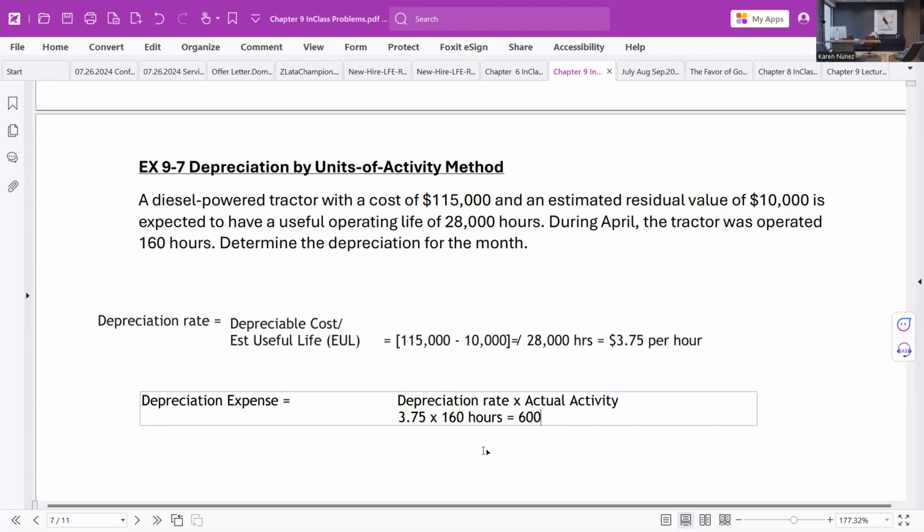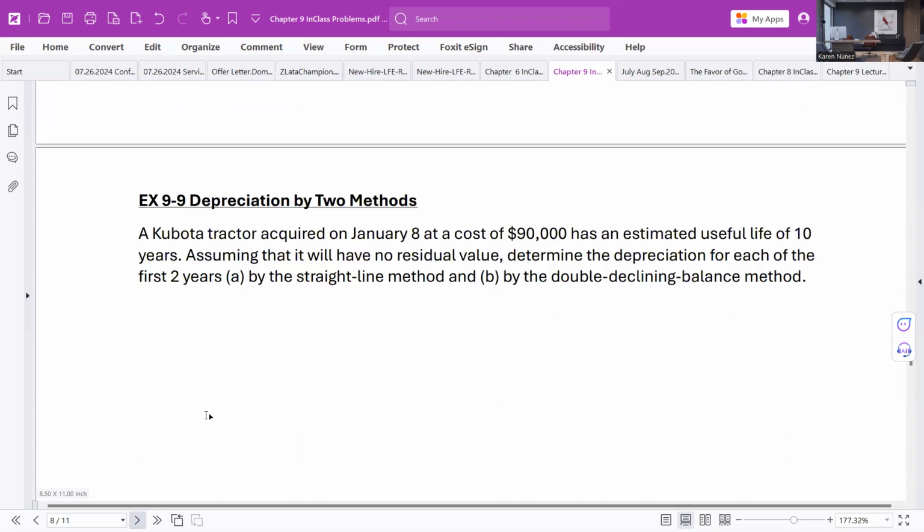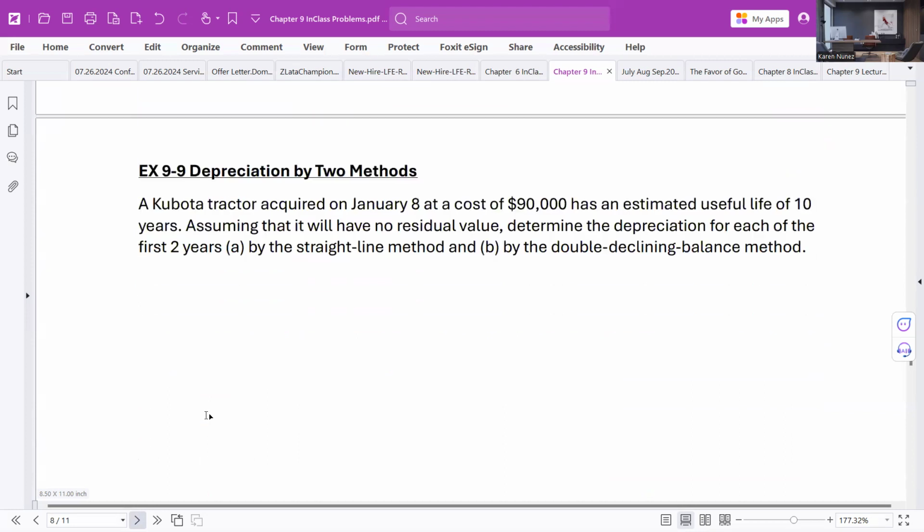So now, in the next couple of problems, we are going to compare methods and calculate depreciation, in this case, for the first 2 years. So in exercise 9.9, calculate depreciation for each of the first 2 years, A, using the straight line method.